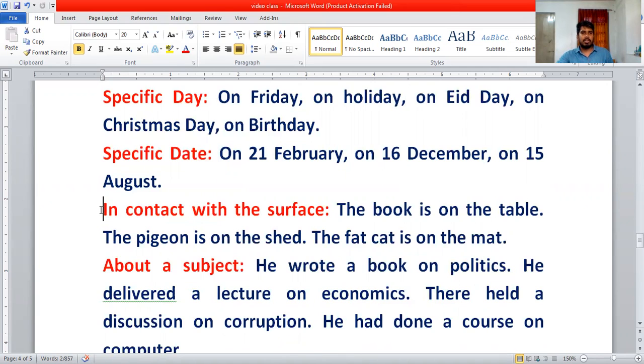Preposition on is also used when something exists in contact with the surface of a thing.